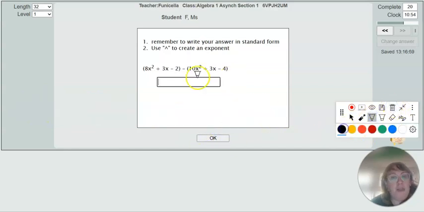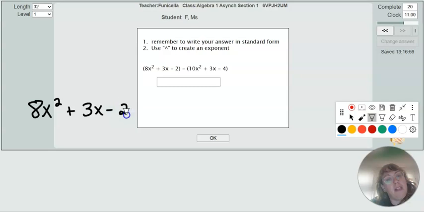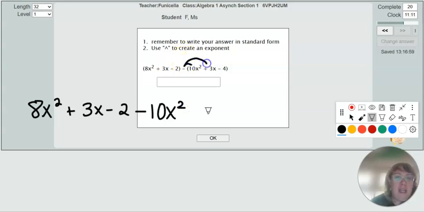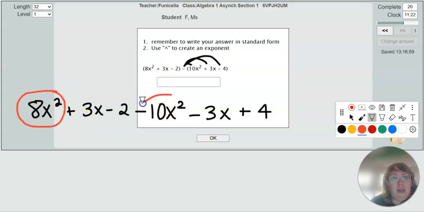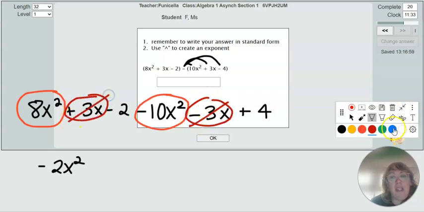Here's another subtraction, so write that first parenthesis without parentheses first, 8x squared plus 3x minus 2. And now we're going to distribute that subtraction sign. So we have a minus 10x squared, a minus 3x, and minus a negative 4 becomes plus 4. 8x squared minus 10x squared is a negative 2x squared. 3x minus 3x are going to cancel out completely.